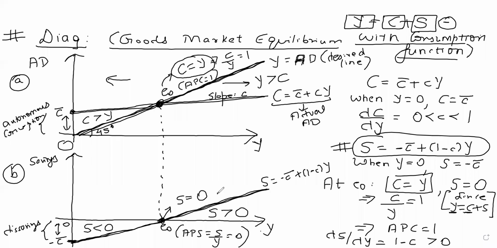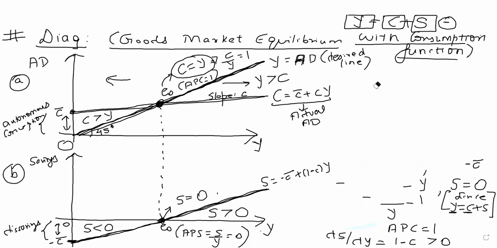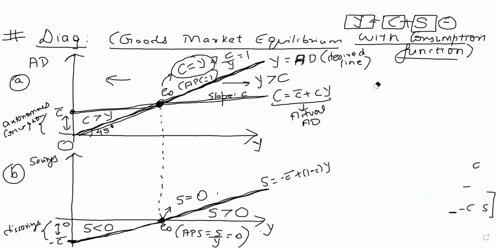To make it more clear, I can write all this, and after this I am going to stop in this particular lecture. If I erase all this off, I can write the explanation.